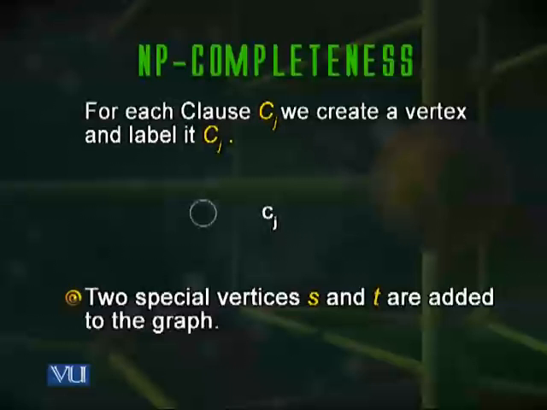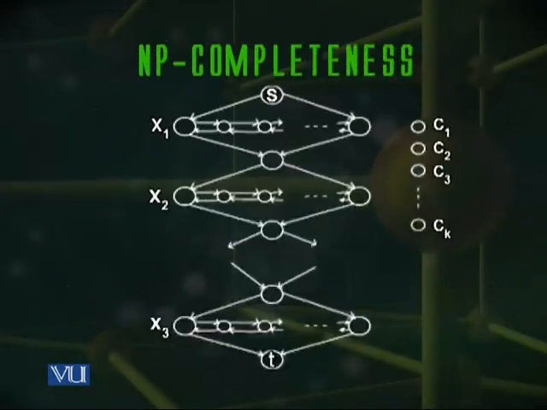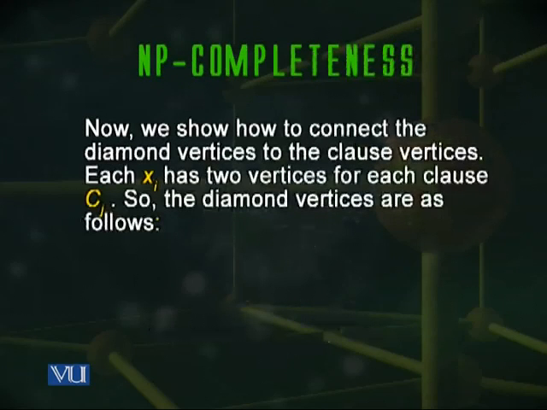Now what we will do at the end is add two special vertices S and T to this graph. S would be added at the top of this graph, and T would be added at the bottom of this graph. Now what we need to show you is how to connect the vertices in the diamond-shaped structures to the clause vertices. Each xi has two vertices for each clause Cj, so the diamond vertices are as follows.